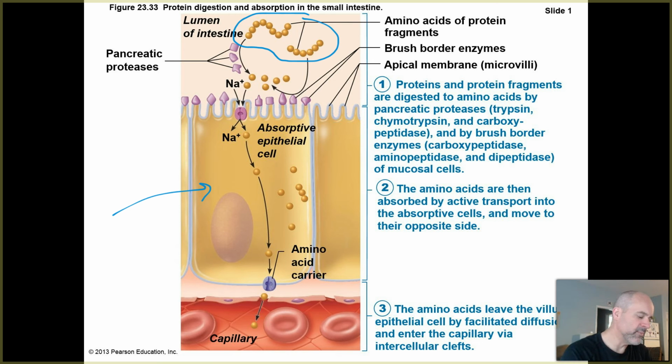Then you have pancreatic proteases and brush border enzymes that finish off chopping those into individual amino acids. And then right here, what they're showing you is that those amino acids move across membrane proteins that transport them inside the cells.